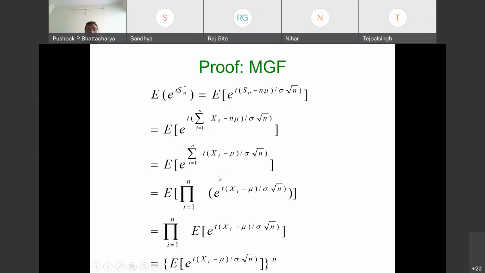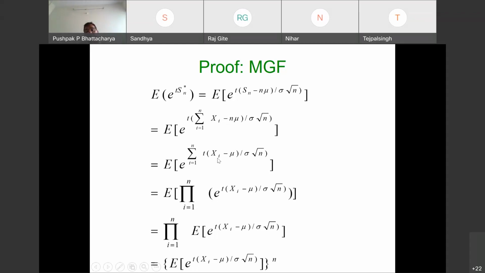So now I can take this as e to the power of the sum over i equal to 1 to n of t times xi minus mu, divided by sigma root n, where this summation is not only over xi but over mu also, because the summation from i equal to 1 to n of mu gives me n mu.